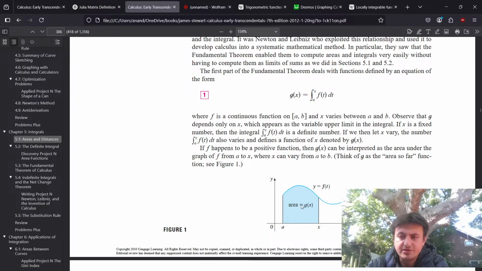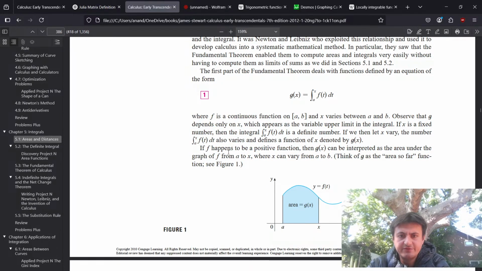Yeah, this is a good picture. Observe that g depends only on x, which appears as the variable upper limit in the integral. If x is a fixed number, then the integral is a definite number. If we let x vary, then the number also varies and defines a function denoted by g of x.